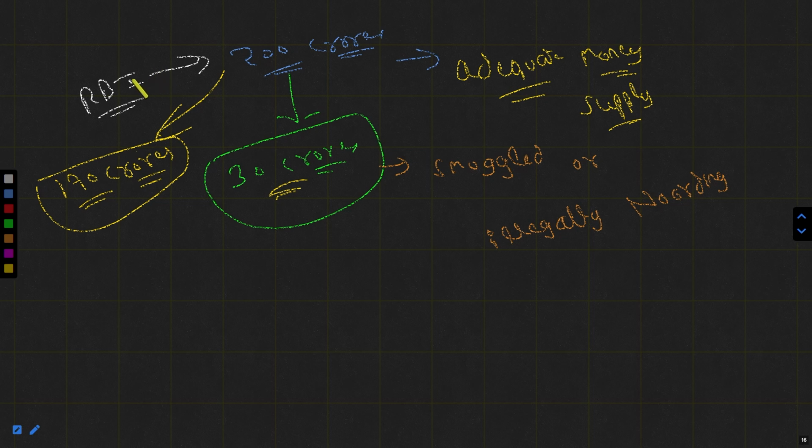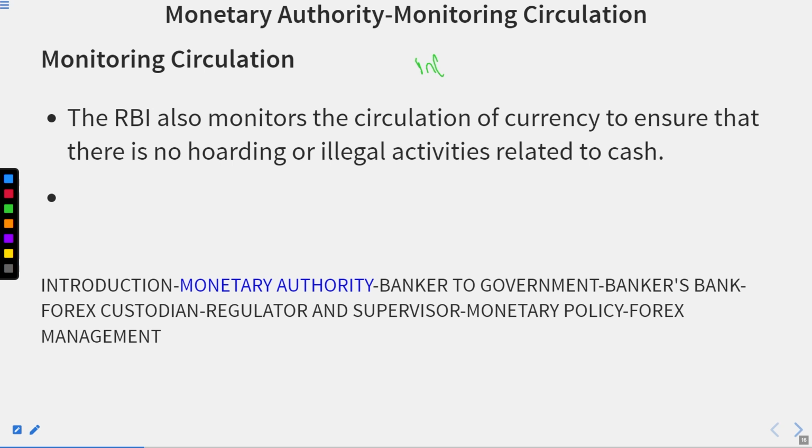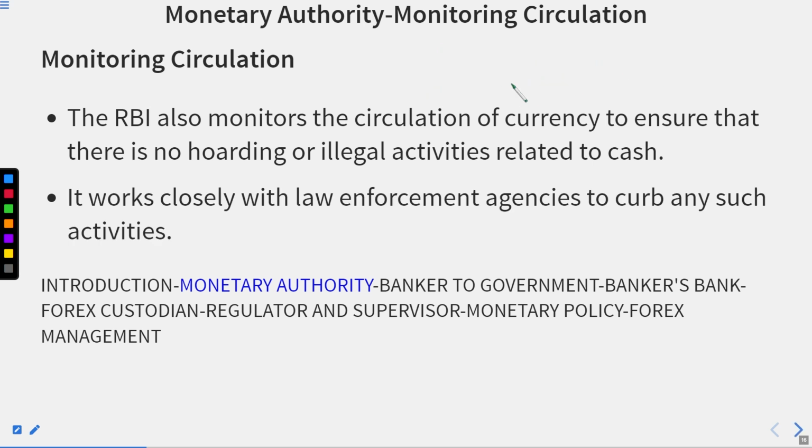So when the RBI will try to produce 30 crores, meanwhile, the hoarders, or you can say the smugglers, will start transferring this 30 crores back to the economy. Okay, so this creates a disbalance. All right, because this will raise the chances of being hit by inflation or by deflation. Okay, RBI works closely with law enforcement agencies to curb any such activities.